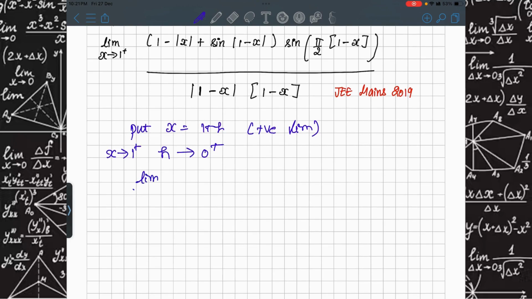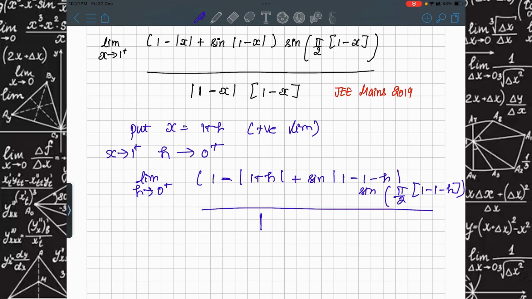So limit h tends to 0 plus 1 minus, wherever this x is coming, substitute with 1 plus h. 1 plus h plus sine 1 minus 1 minus h, sine of pi by 2 greatest integer of 1 minus 1 minus h, divided by modulus of 1 minus 1 minus h greatest integer of 1 minus 1 minus h.